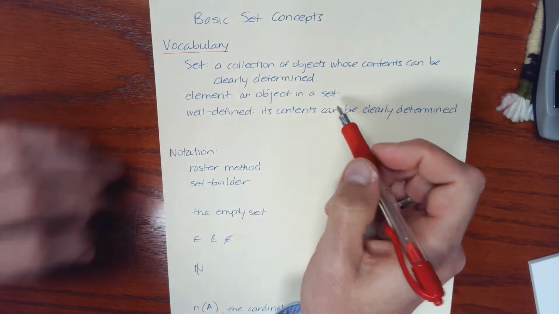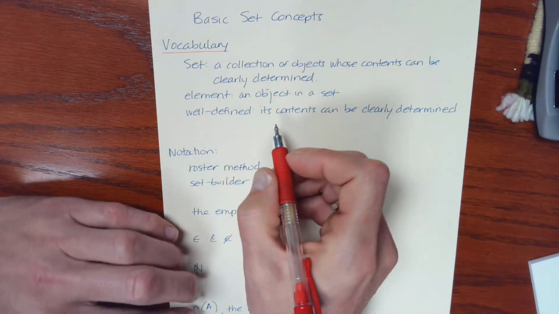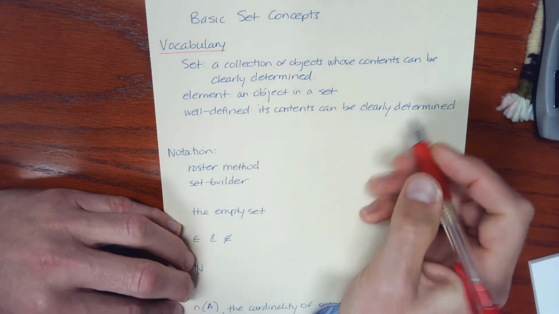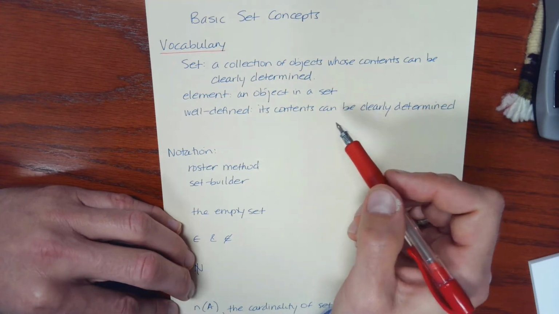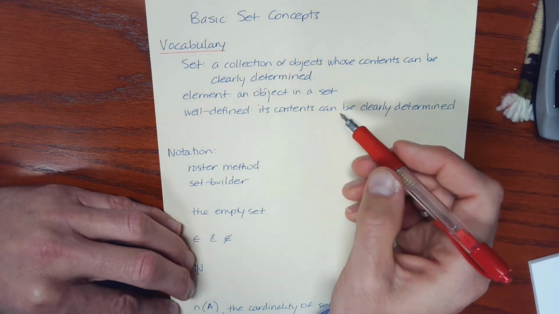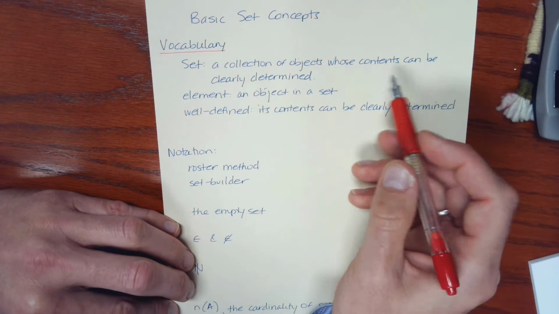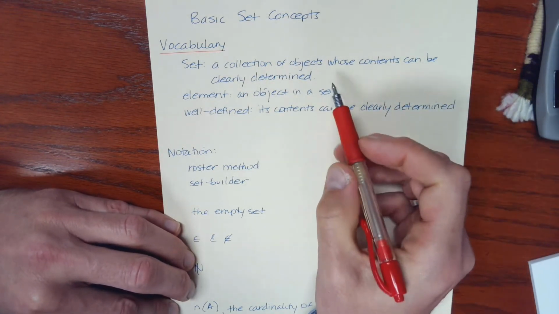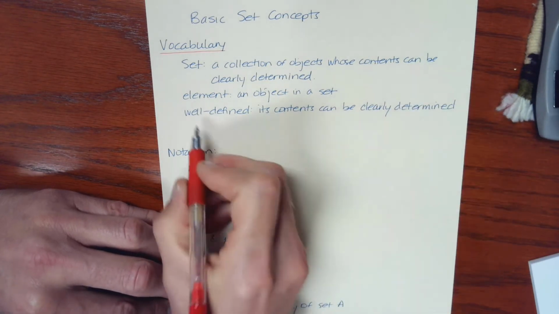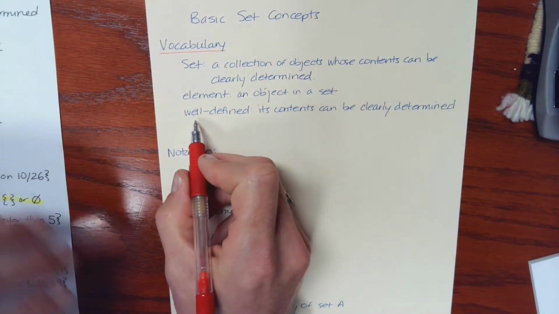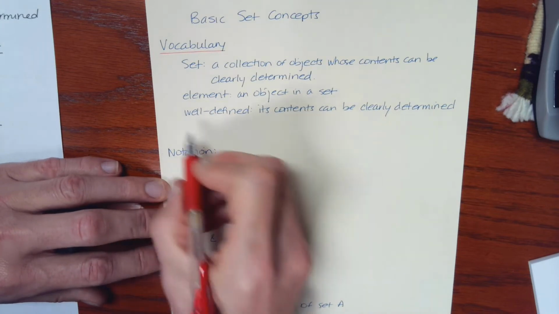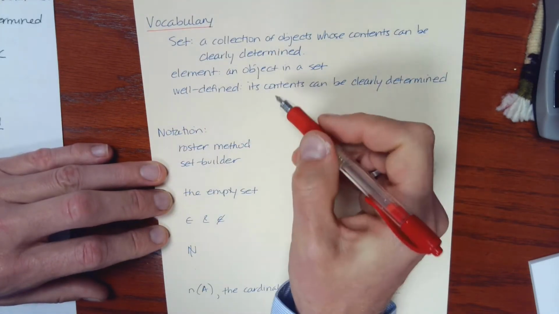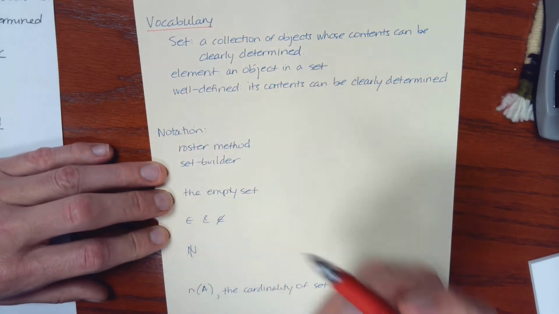On the other hand, if I simply said the good teachers at my school, so good is somewhat subjective, and so it wouldn't be clear to everyone universally who should be included in that set and who should not be included. So when I just say all the math teachers, it's well defined, but when I say just the good teachers, that is not well defined, so it would not be a set.